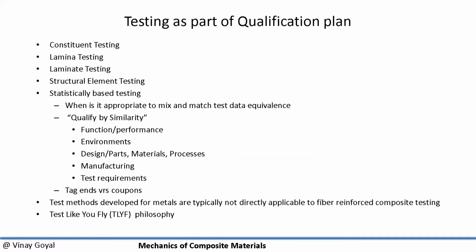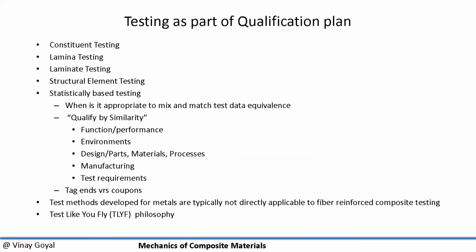And once you get to that point, you want to do statistically based testing, which means you want to figure out how many coupons you need. You need to then look at when it is appropriate to mix and match test data to look for equivalences. You can't test everything perfectly at every temperature, but you can then draw some conclusions about how you can mix statistics in a useful way.